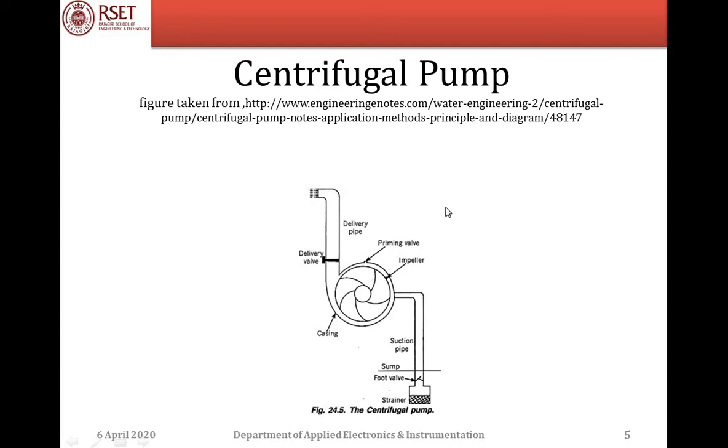Now coming to centrifugal pump. The centrifugal pump works on a very simple principle. Whatever material is collected into these rotating vane chambers will get thrown away to the periphery of the casing by centrifugal force when the vane or the blade rotates.